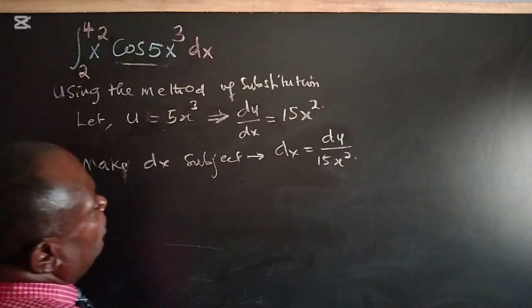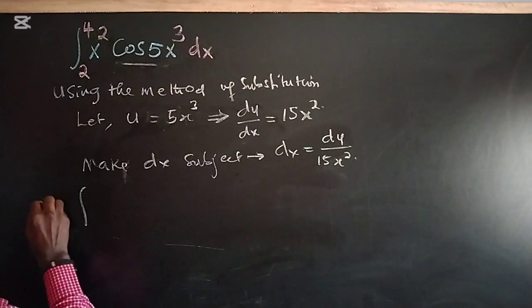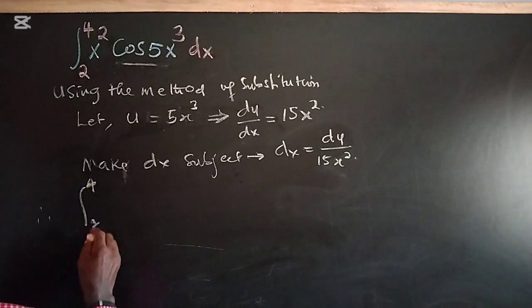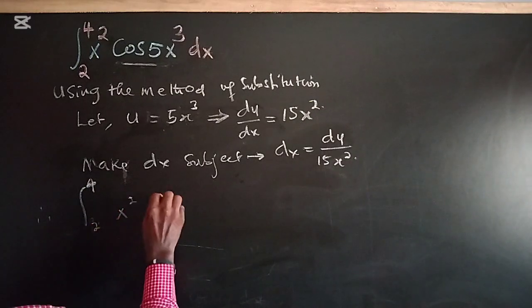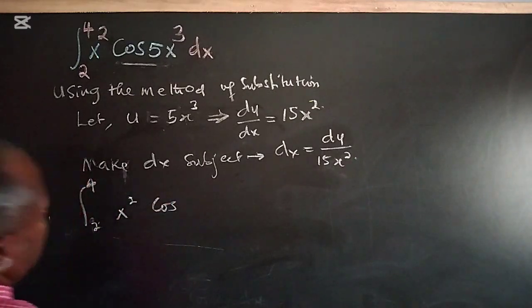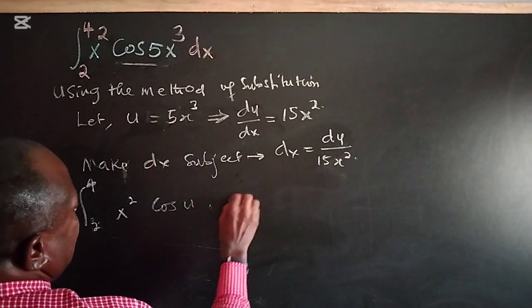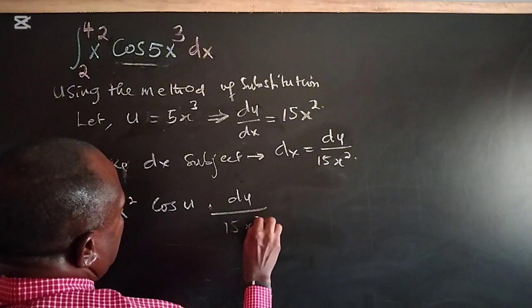Okay, so we now consider the expression here. We now say, therefore, our integral from 2 to 4 of x squared times cos, in the place of this 5x cubed, we put u, times du divided by 15x squared.